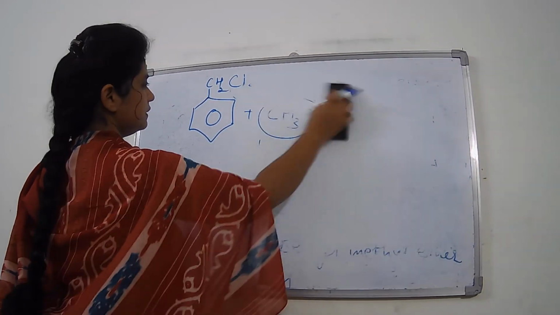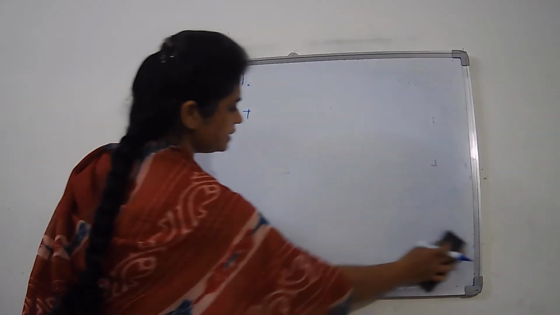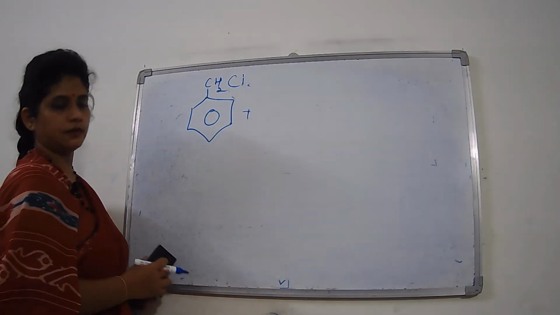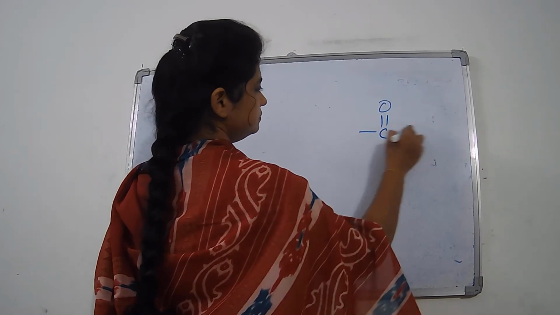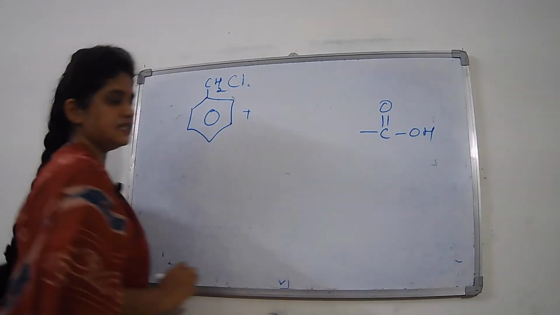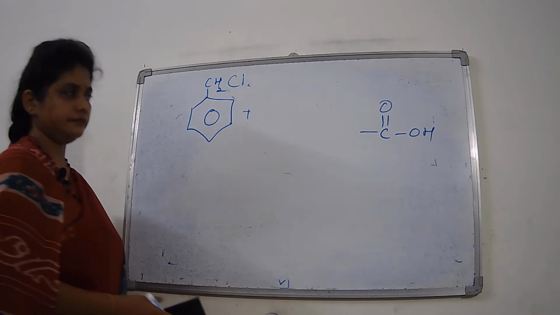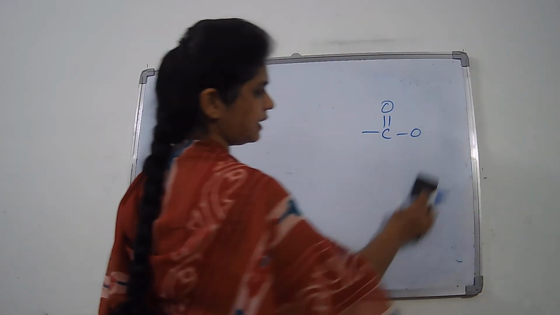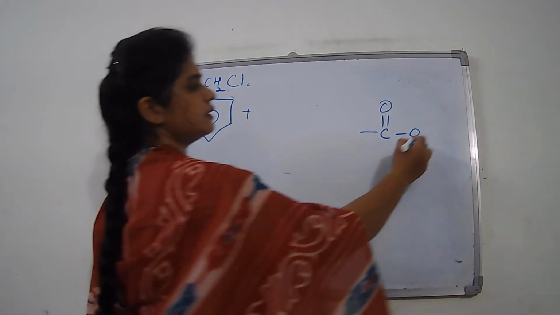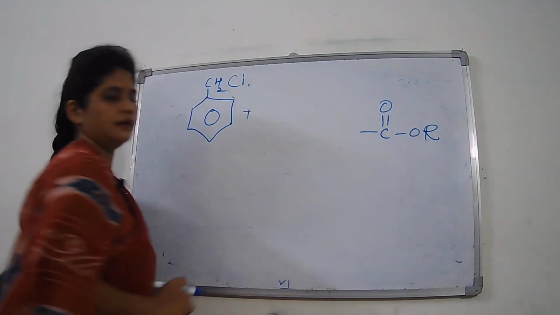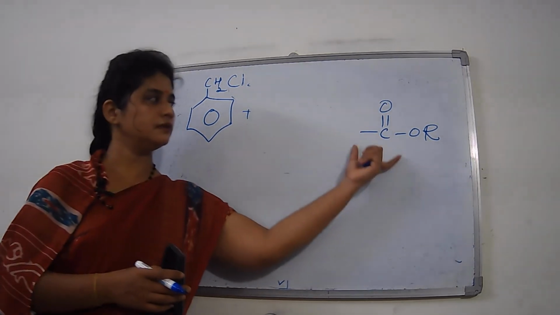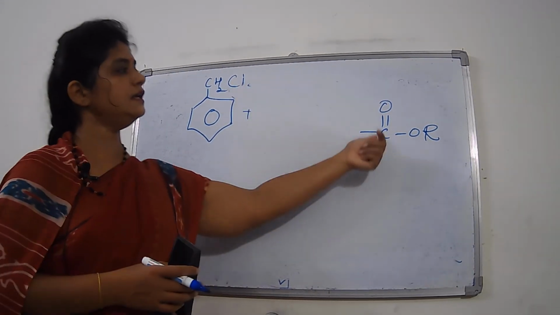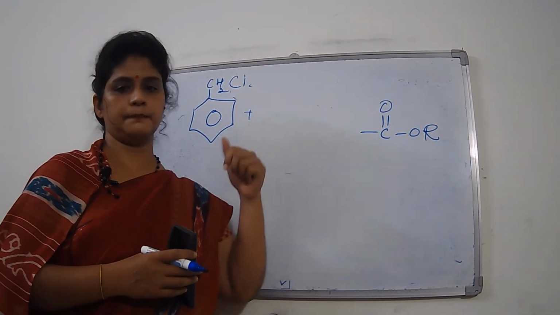Now the next one is substitution by an ester group. Again, what is an ester? Do you know that? This is a carboxylic acid. Whenever the H of the carboxylic acid gets substituted by any alkyl group, it becomes an ester. So we are going to substitute Cl by the COOR group. How?